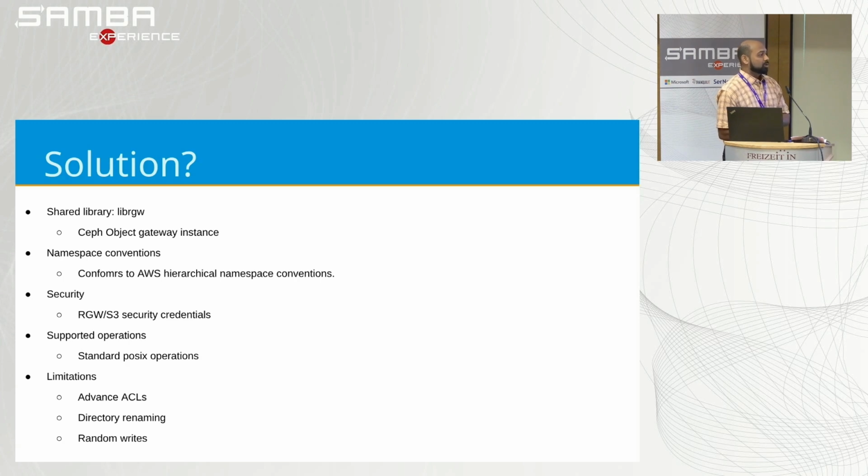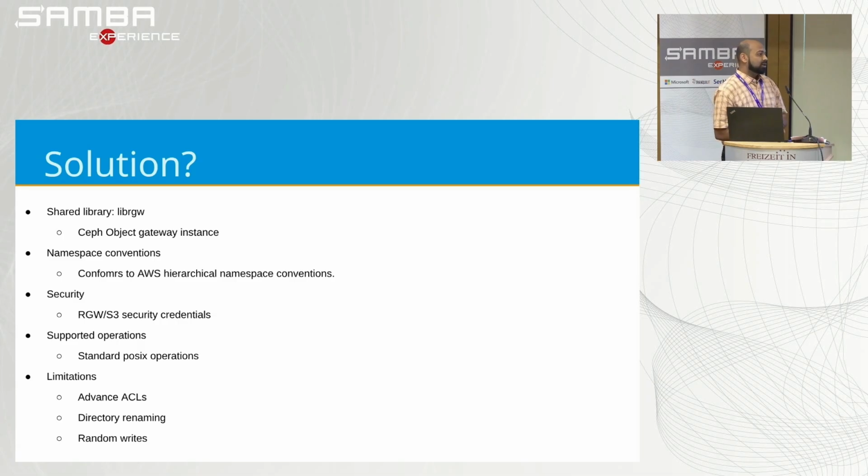Those APIs allow us to communicate with the object store. It follows the same namespace convention as AWS hierarchical namespaces. That means the top level for a particular user, say user 1, would be all the buckets created by the user, then the prefixes like directories, and then the objects, and so on and so forth.